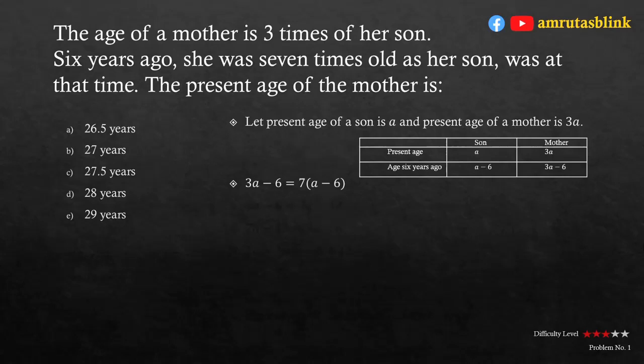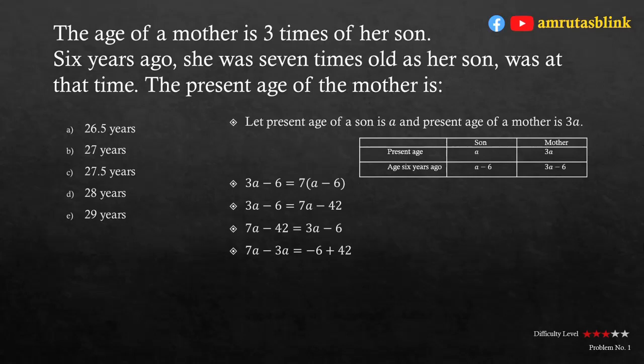So, we have got the equation 3A minus 6 is equal to 7 into A minus 6. Now, we will solve this equation. So, 3A minus 6 is equal to 7A minus 42. Now, 7A minus 42, we will bring this to left hand side. So, 7A minus 42 is equal to 3A minus 6.